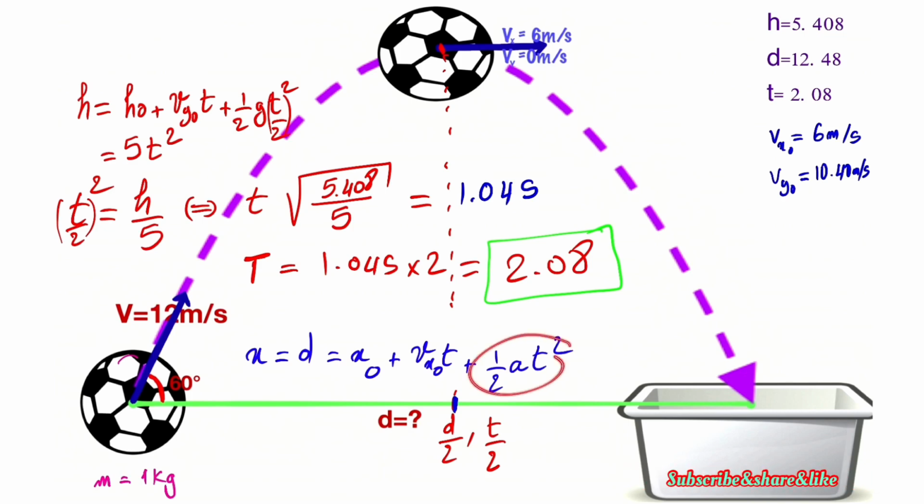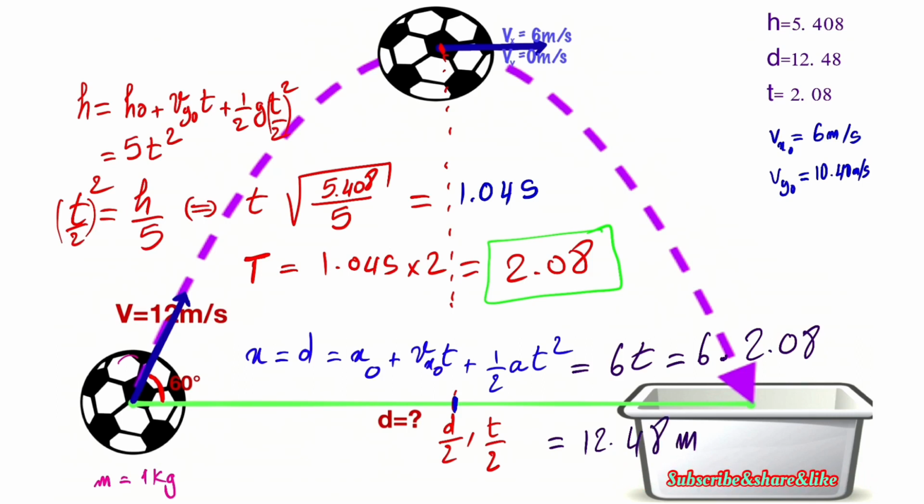The acceleration is 0, and x0 is 0 because we take this as the origin, so we end with v0 t. That is 6 times the time, 6 multiplied by 2.08, and it is going to give us, let's see, 12.48 meters.